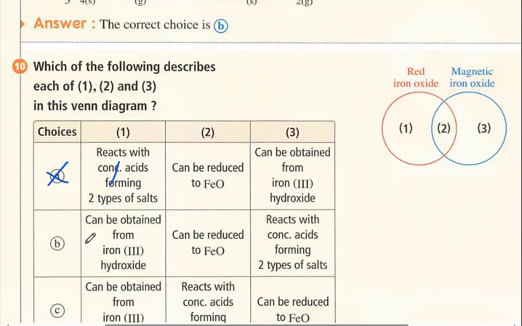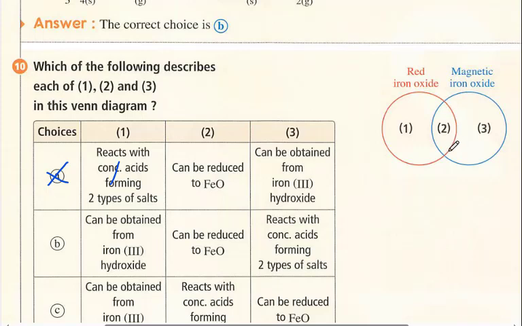So this is wrong. B, 1 here, the property of ferric oxide, can be obtained from iron 3 hydroxide. Iron 3 hydroxide, when heated above 200 degrees Celsius, will form ferric oxide. Okay, so 2 here is a common place between magnetic iron oxide and ferric oxide.